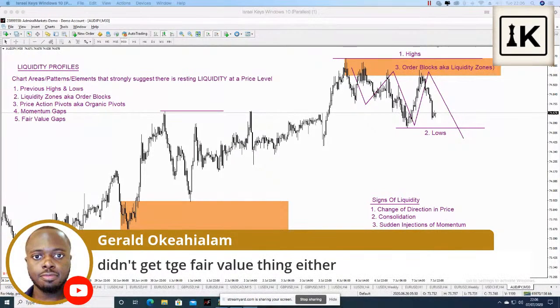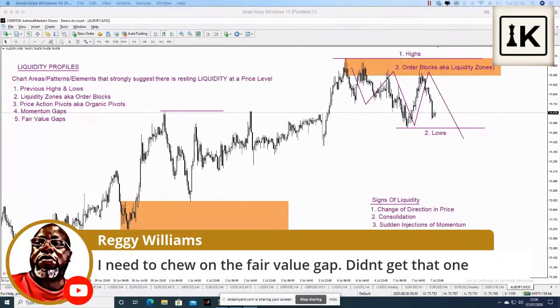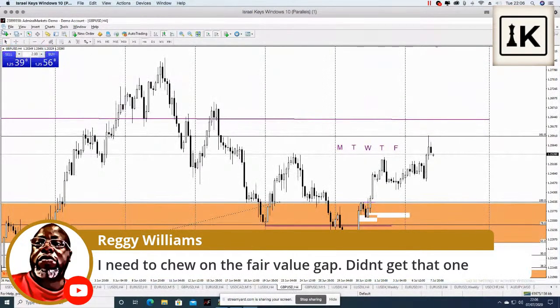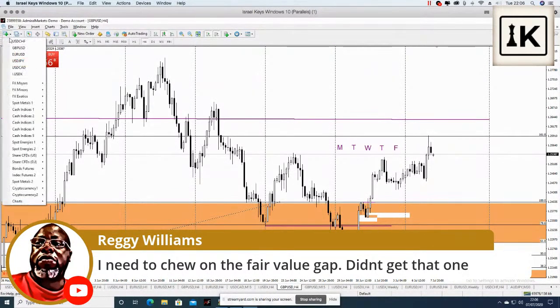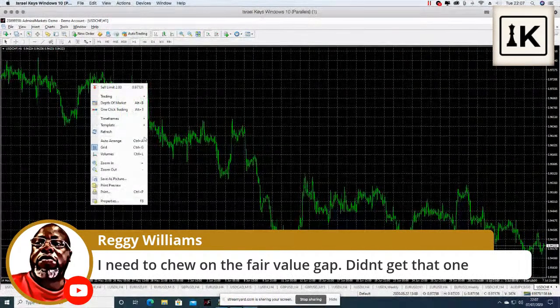Okay. Reggie says need to chew on the fair value gap. Okay, I'll go over it again. Let's go over the fair value gap again. I'm trying to find a real good example of one. Let me look in the Swissy. Let's see if I can find one.